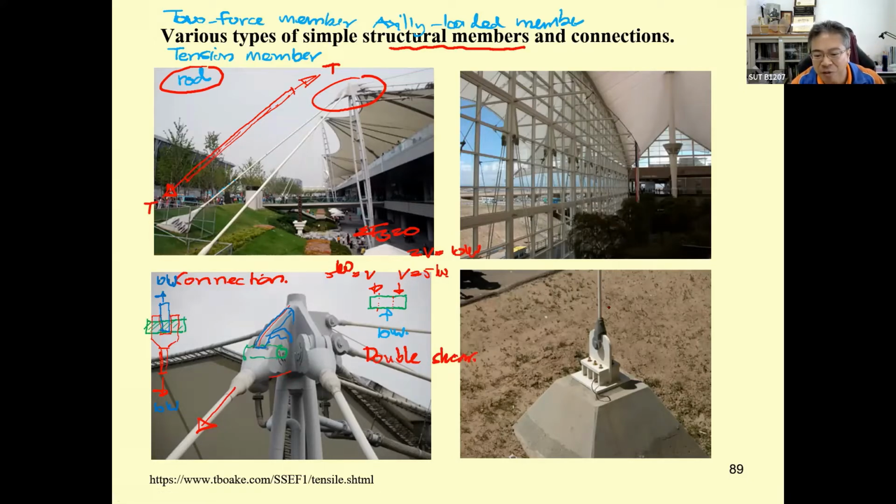The same as this one, if you consider it by the same principle I just mentioned, this one is going to be in double shear. There is a lot of application of this kind of rod and this kind of connection in real world structures, as I show you over here. Okay, any question?